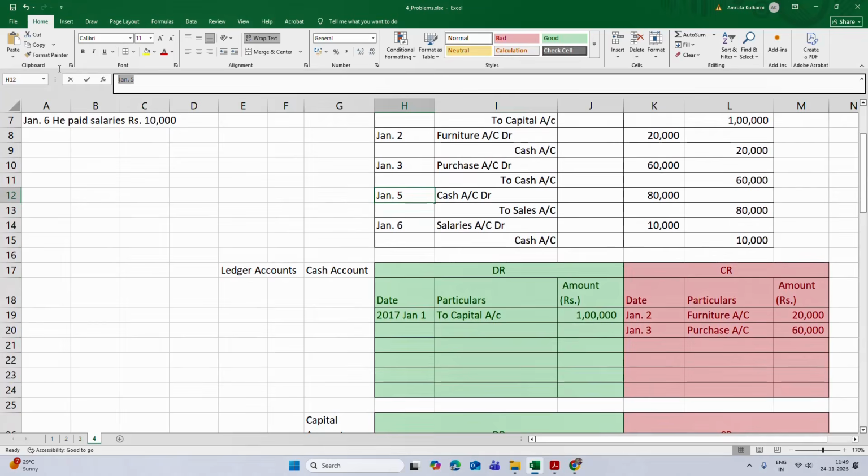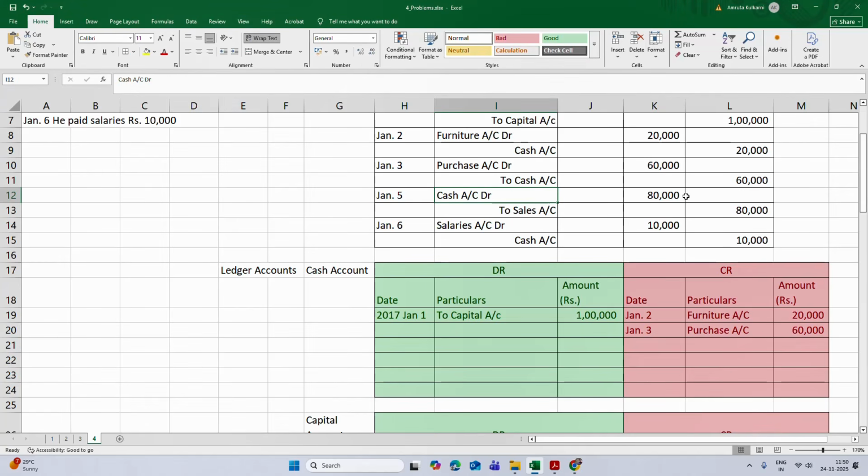Now the next entry on January 5 is cash account debited 80,000 to sales credited 80,000. So now cash account is to be debited. So first of all we will write to sales account. How much is the amount? That is 80,000 and this sales account is now credited.